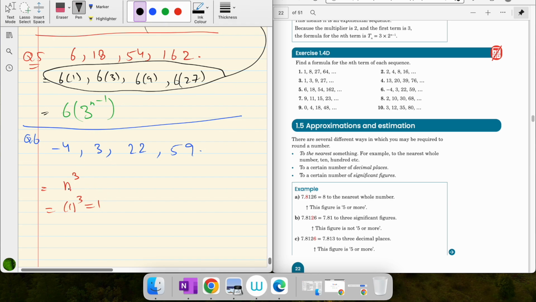I'm getting 1. Minus 5. So if we try minus 5, we get minus 4. My formula should be n cube minus 5. Now I have to check if this is correct. So I'm checking with the second term. N cube minus 5. 2 cube minus 5 is 8 minus 5, which is 3. So finally it is n cube minus 5.